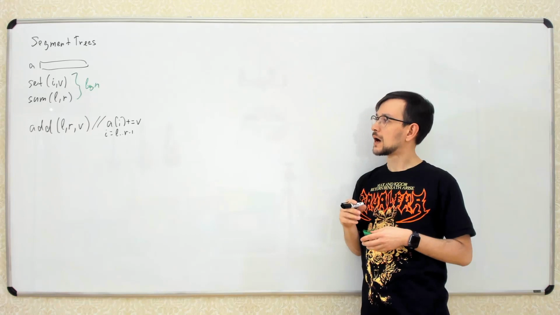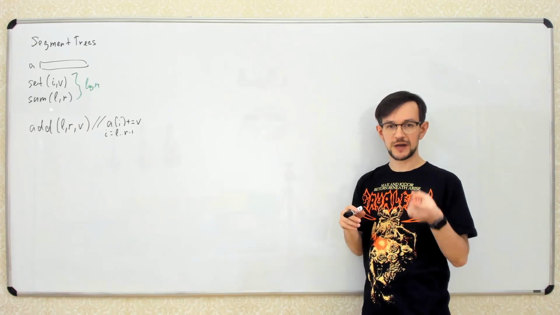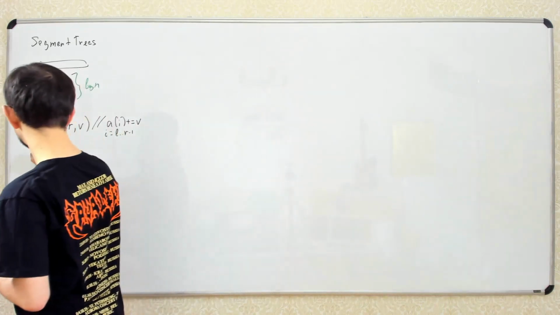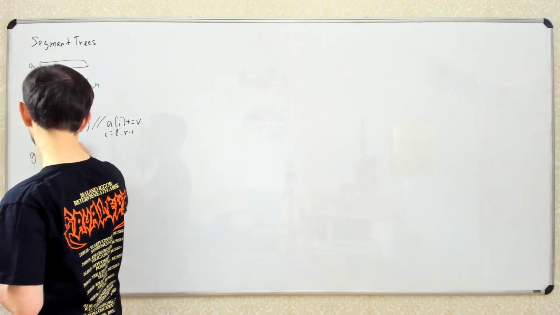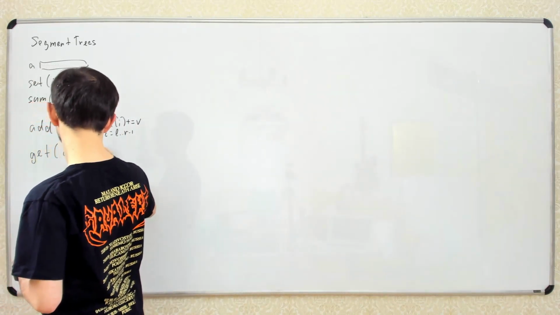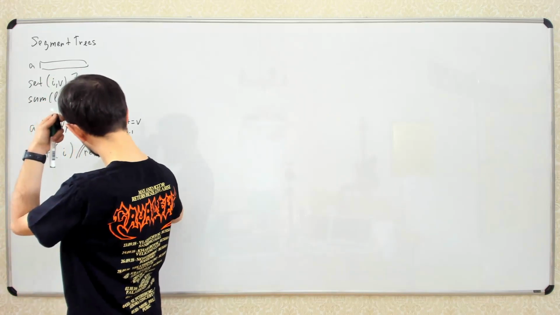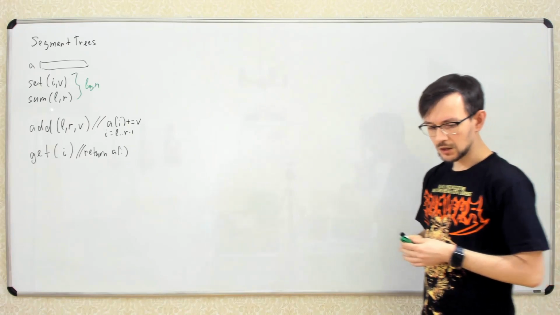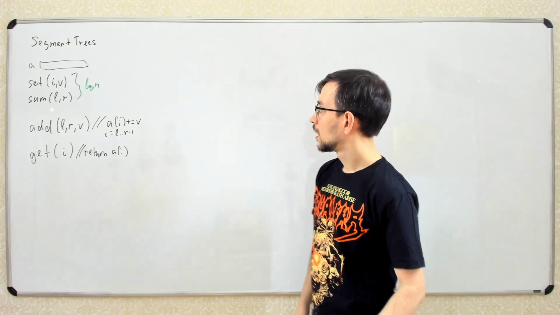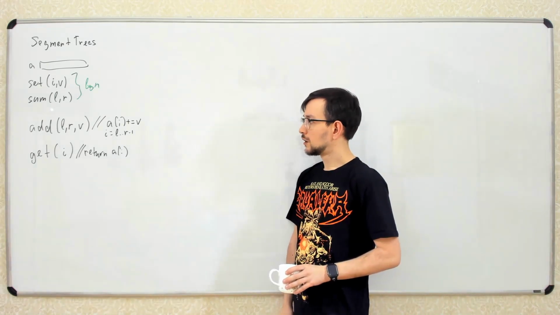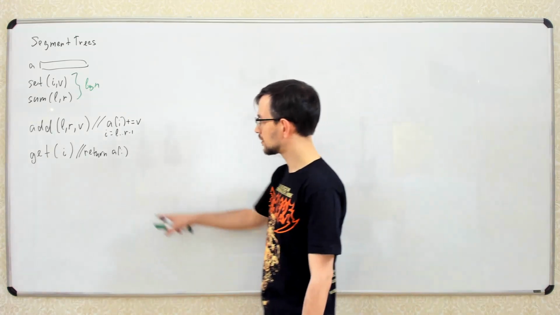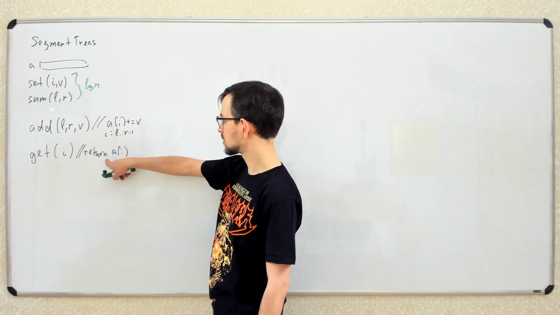Now, the second operation will be to get the current value of the element. So let's say we have get i, which will simply return the element in position i. That's the plan for today. Now again, if you have a simple array, then you can make the get query in constant time.